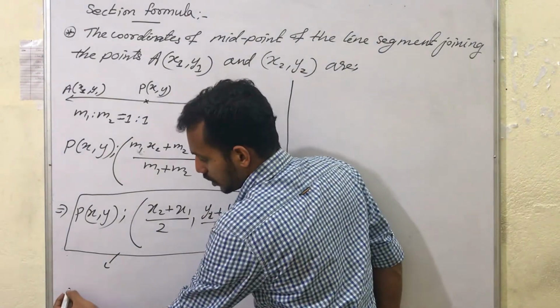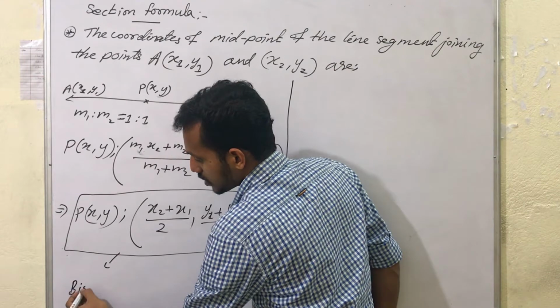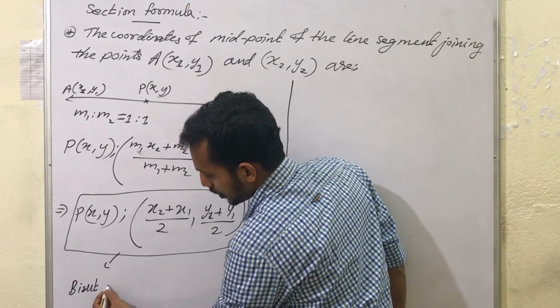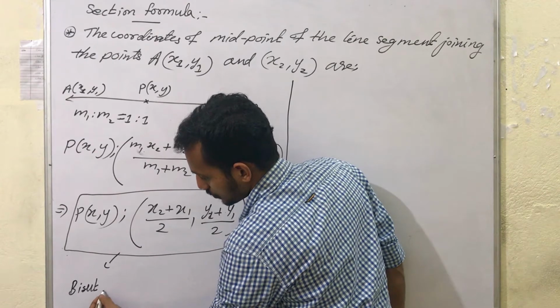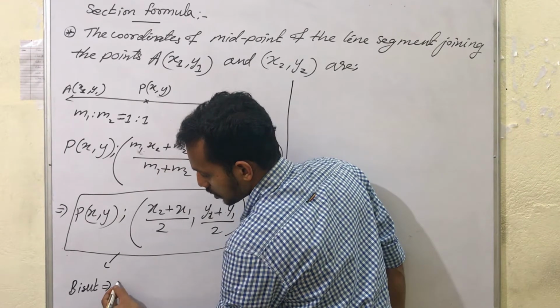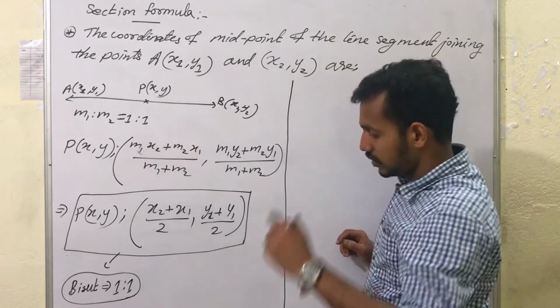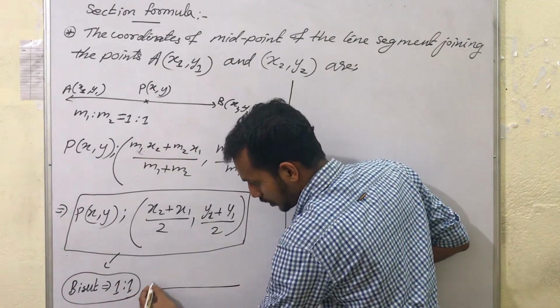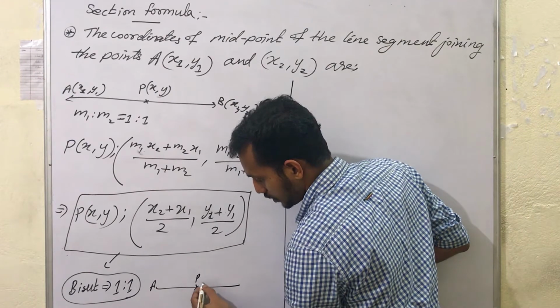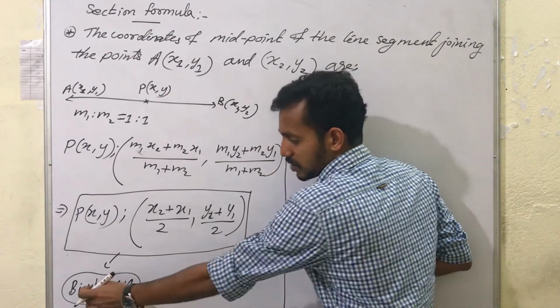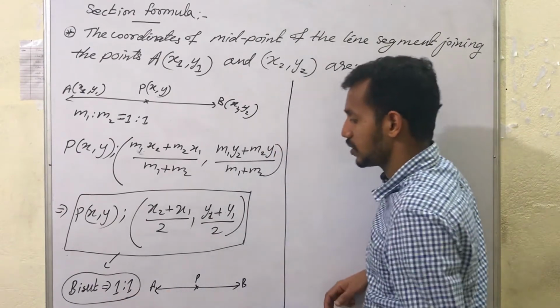One more thing you have to remember is that in case of bisects, the ratio will be 1 is to 1. That means the point P will be in the middle of the line segment joining A and B. That means bisecting, so the ratio will be 1 is to 1.